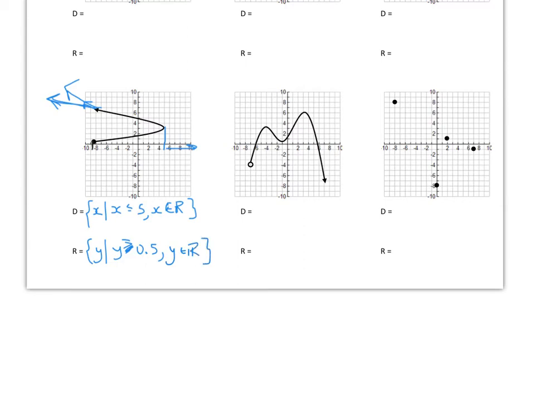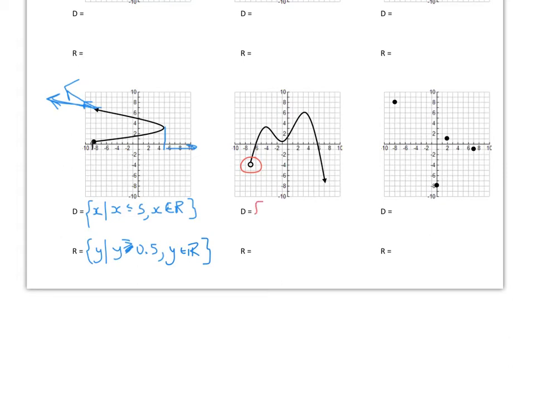Okay, the next example has an open circle, and that open circle is happening when x is -7. So that means when I put my -7 in for my restriction on my domain, I'm not going to put the equal sign this time.